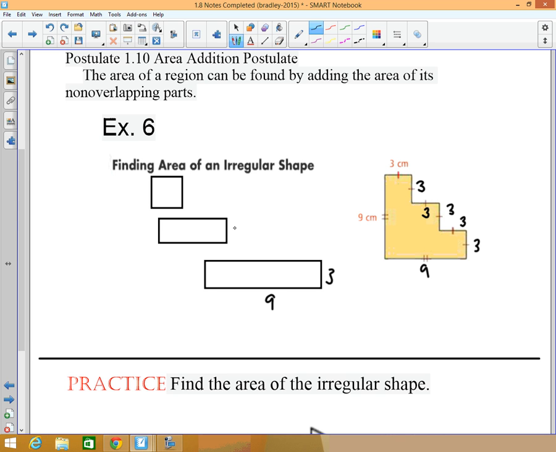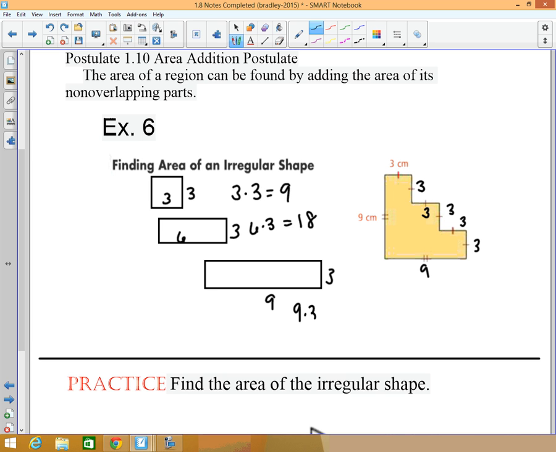For this one, this is also 3, but this is 9 minus 3, so that gives me 6, and this is 3 times 3, which is 9. 9 times 3 is 27, 6 times 3 is 18.